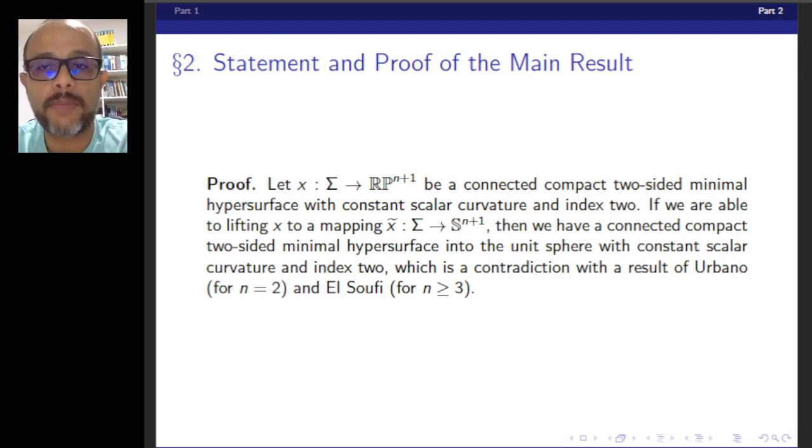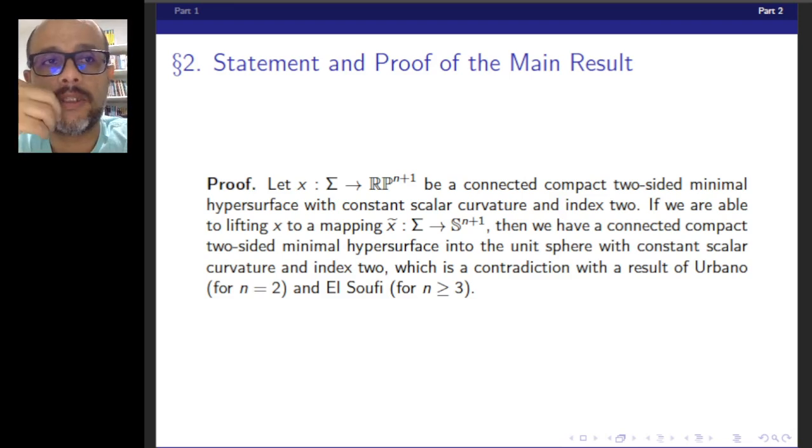Consider an immersion of sigma in the projective space with the conditions of the theorem. So if you are able to lift x to a map x tilde, such mapping x tilde gets sigma into the sphere, this is possible in some situations.